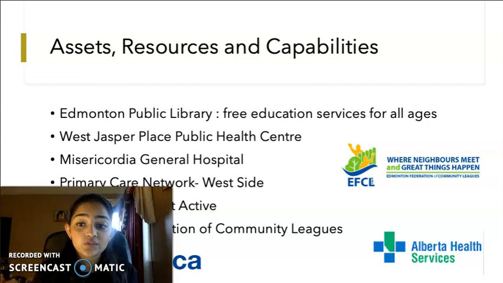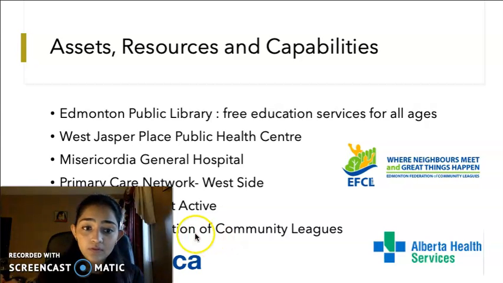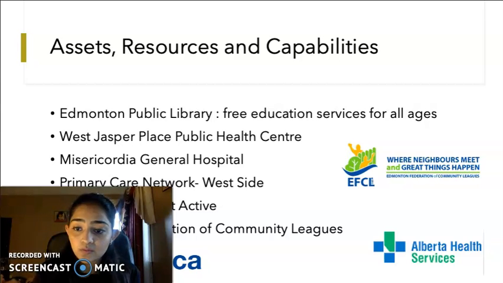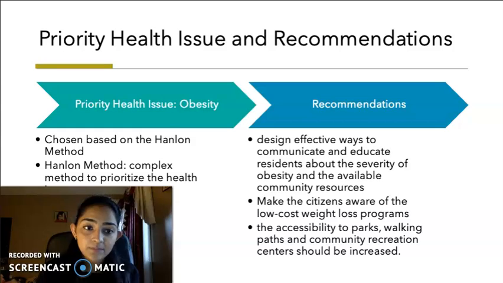The patients of low socioeconomic status are also eligible to get free access to all community recreation centers to exercise through a program called Prescription to Get Active. And there is also a community league that focuses on the community issues, which is a part of Edmonton Federation of Community Leagues. And this also aims to bring the positive changes in the communities.